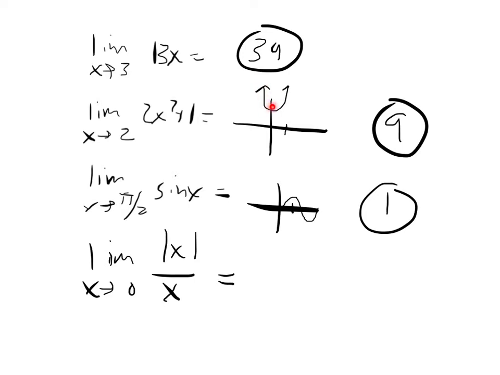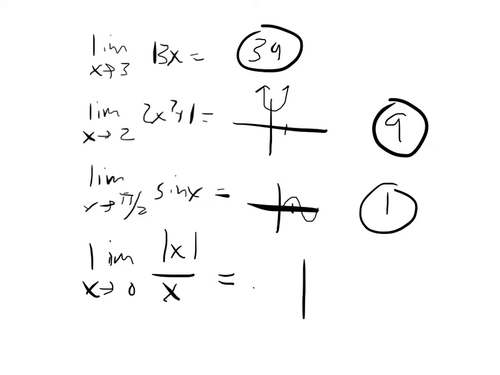So if I know that the function is defined everywhere, its domain is the set of real numbers, then sure, I can simply plug in this x value and my output will give me the limit that I'm looking for. However, for this function down here, I can't plug in 0. What does this function look like?